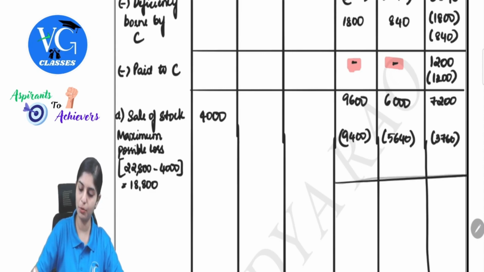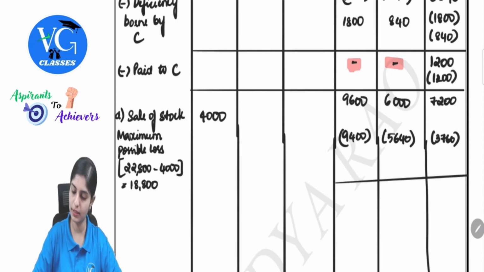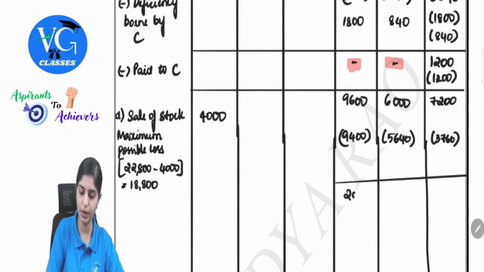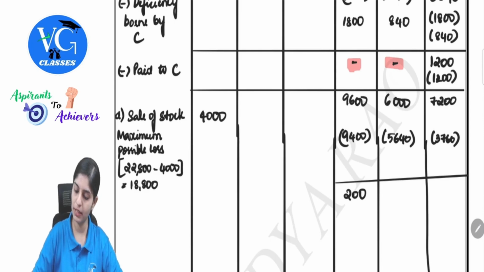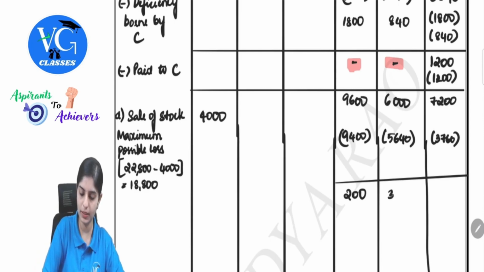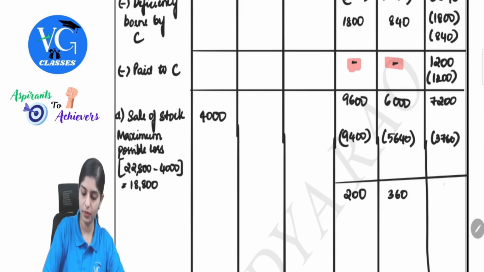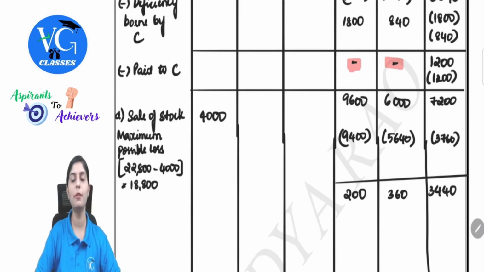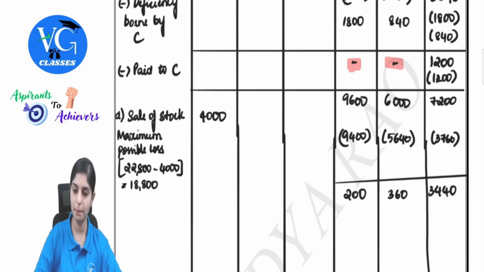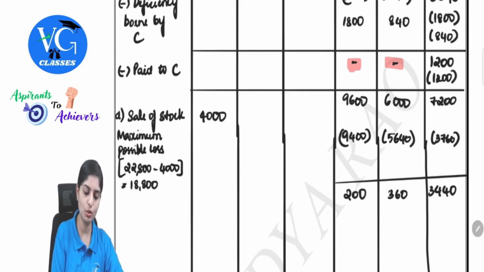After attributing, I have to check the balance. 9,600 minus 9,400 is 200 positive. 6,000 minus 5,640 is 360 positive. 7,200 minus 3,760 is 3,440. None of the partners have a negative balance. Let me total this up: 3,440 plus 360 plus 200. The total is again 4,000, which is the actual amount realized from the sale of stock.